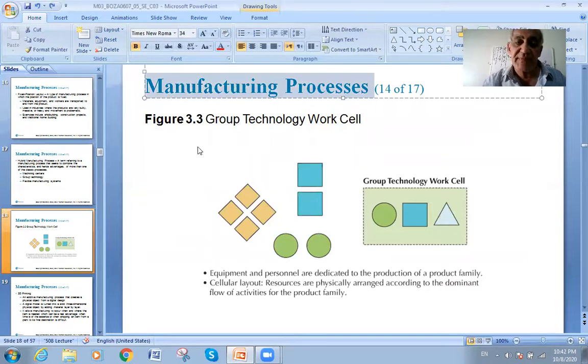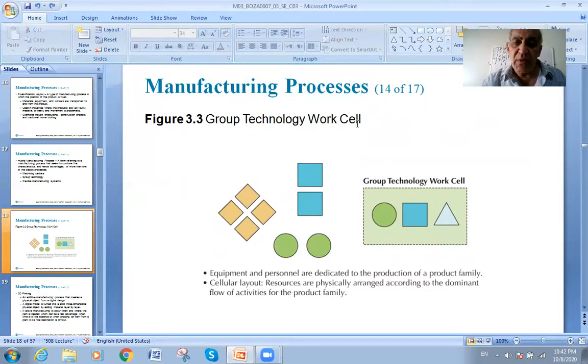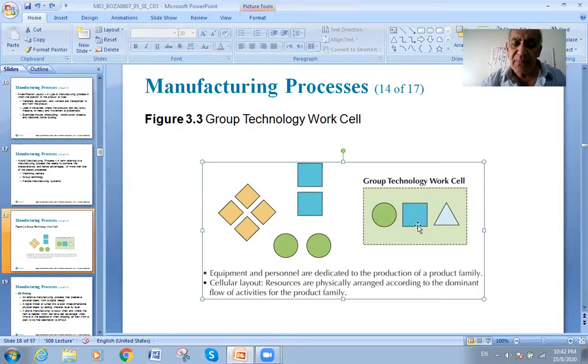In the group technology work cell, it's a group that works in work cells. Equipment and personnel are dedicated to the production of a product family. Okay, cellular layouts: resources are arranged according to the dominant flow of activities for the product family.